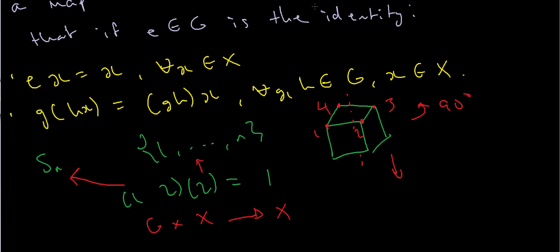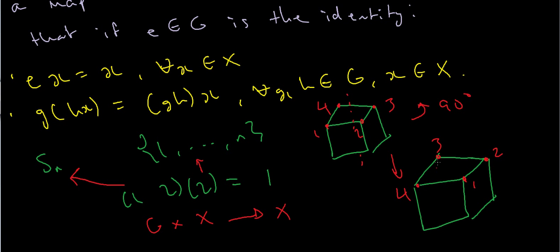What's the end result? Let me draw another cube. The vertices get permuted, so they move around. The first vertex ends up going over here where the 2 is, and likewise 2 ends up moving here, 3 here, and 4 here.